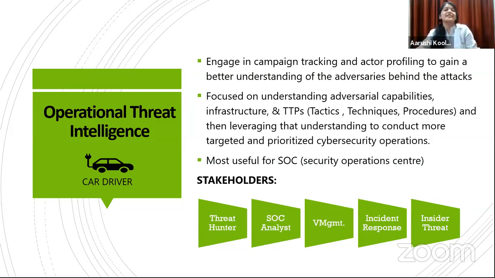So operational threat intelligence looks after the tactics, techniques, and procedures and the targeted and prioritized cybersecurity operations for every level of organization, right? So the stakeholders here will be threat hunter, SOC analyst, vulnerability management, incident response, and the insider threat.